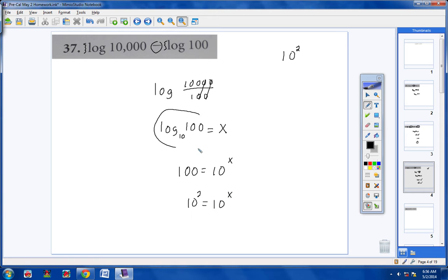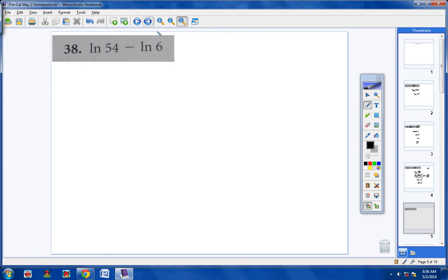So this entire expression right here ends up just equaling 2. So we are condensing these down to one logarithm, but anytime they can be taken further, you do need to do that. Okay, moving on to number 38.